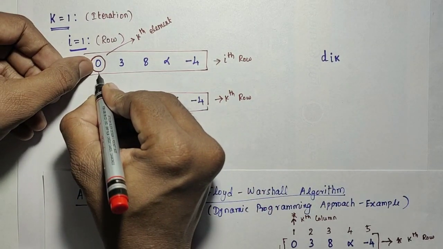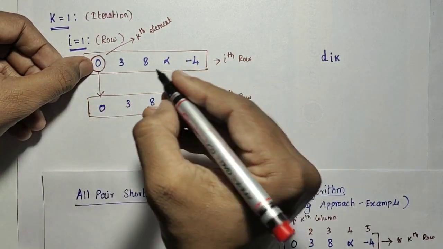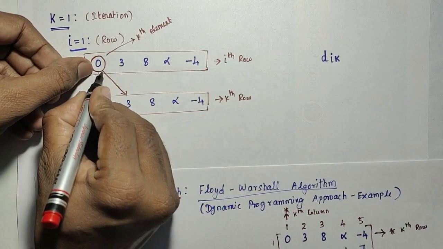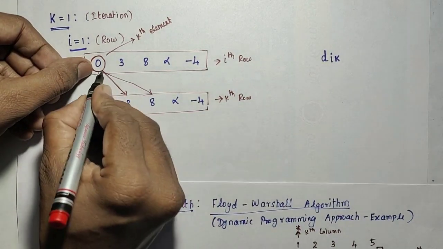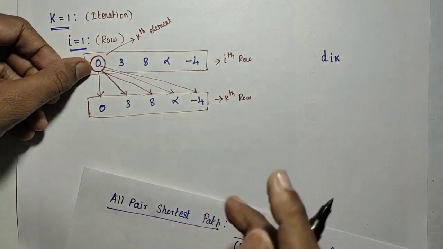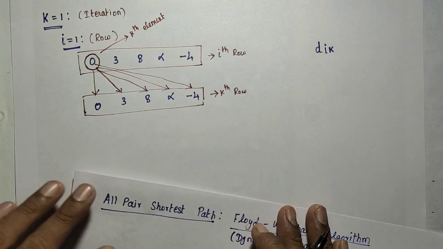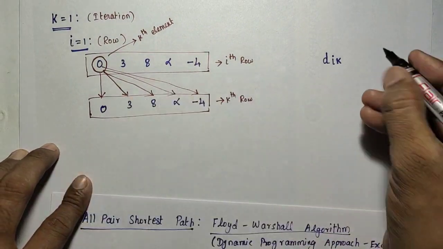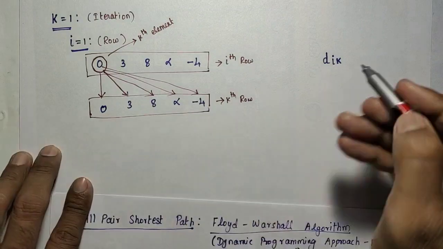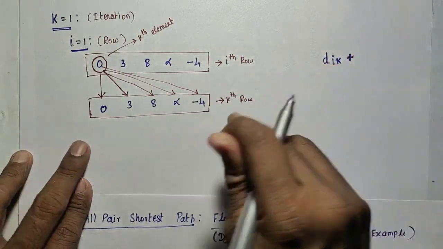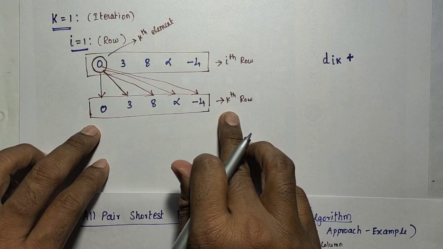That is, this and this need to be added, this and this have to be added, and this and this have to be added. So if I add, you will get a new row. That means this element needs to be added with the kth row.